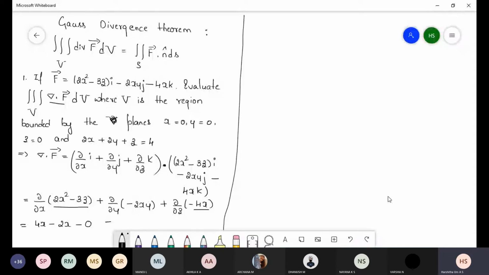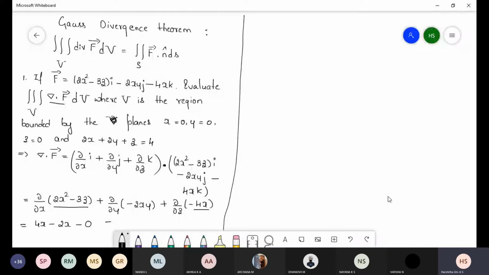Now we have to find the limits. So here first write z varies from 0 to 2x plus 2y plus z.